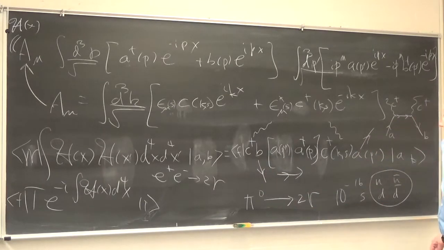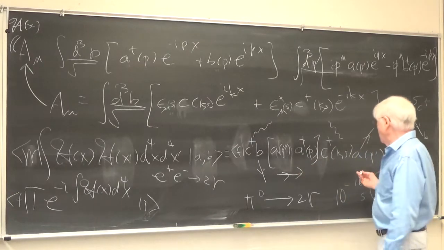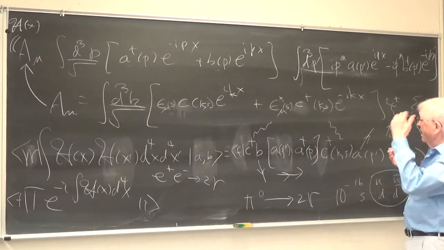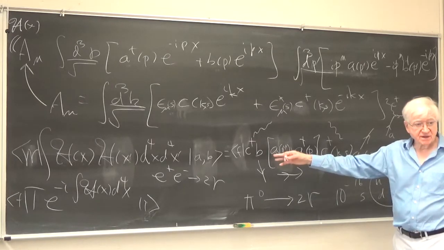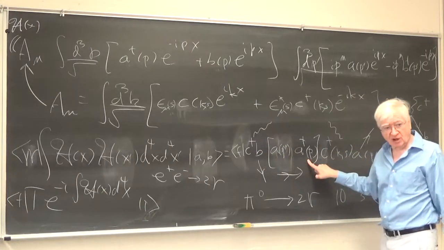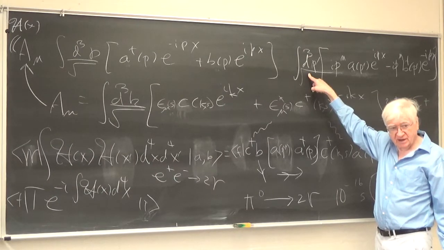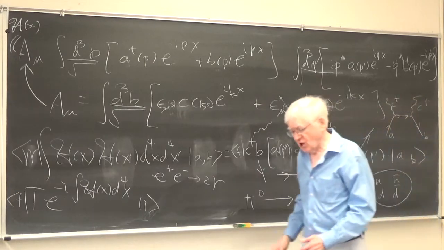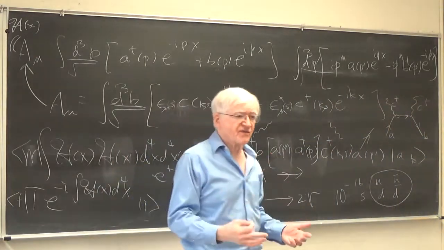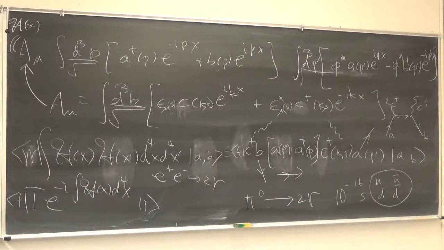But then you've got to have a product of 6 operators. And so you've got 1, 2, 3, 4. You need 2 more, which would occur in any product of H of x times H of x prime. H of x times H of x prime is a linear combination of 64 terms, each term being a product of 6 creation and annihilation operators.